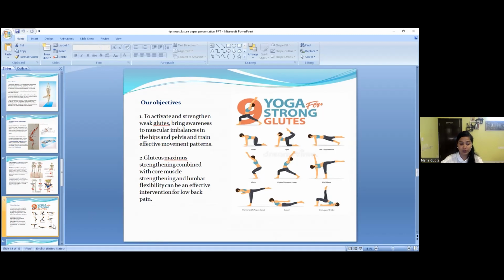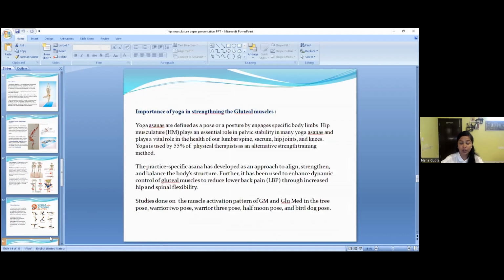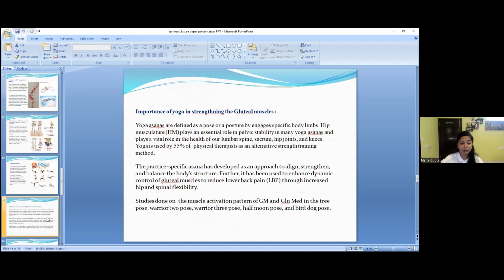But when we did our testing on females and males, we did the studies on tree pose, warrior 2 pose, warrior 3 pose, half moon pose, and bird dog pose.